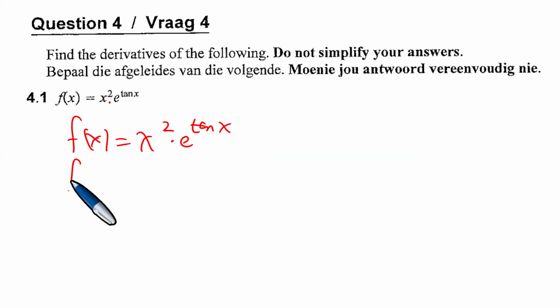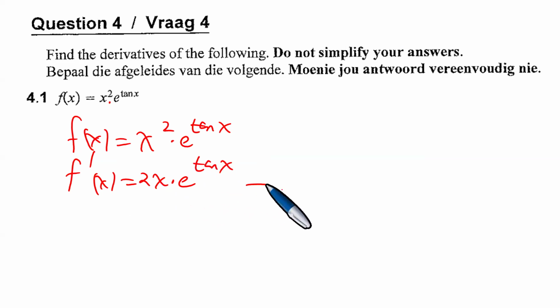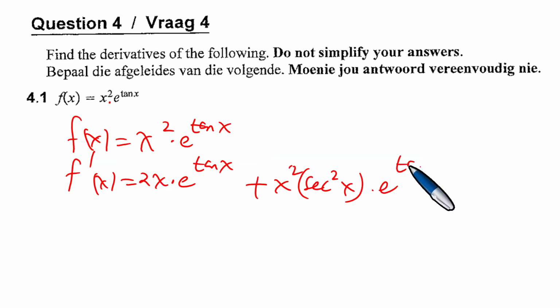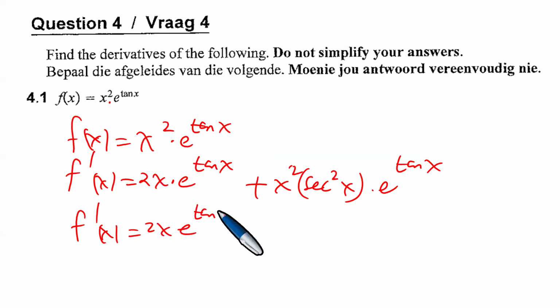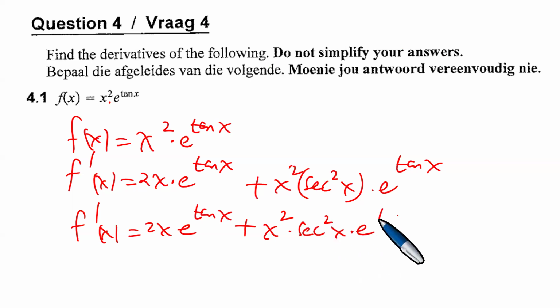Meaning, therefore, if we have f prime of x, we have the derivative of x squared, which is actually 2x, times e to the 10x, plus x squared times the derivative of e to the 10x, which is x squared e to the 10x.